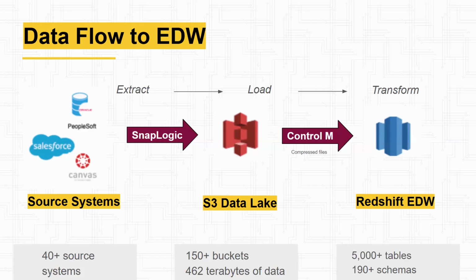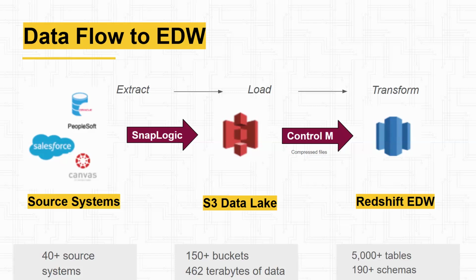We then extract this data leveraging a tool called SnapLogic. We have multiple jobs that essentially go out and pull the data from these source systems and then push it into our S3 data lake. Our S3 data lake has over 150 buckets and over 462 terabytes of data. So this is a massive storage facility for data.